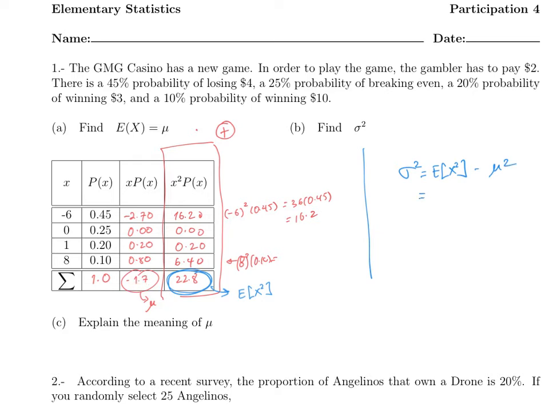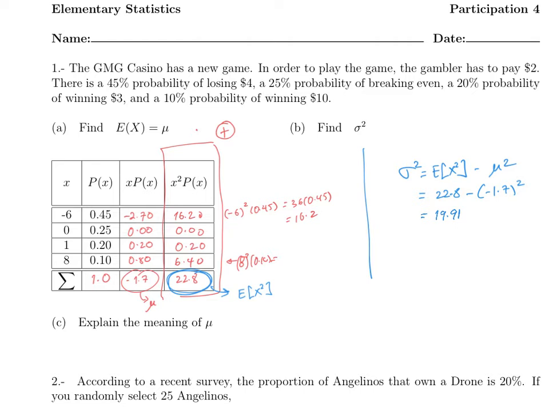So in this case, this will be 22.8 minus 1.7 squared. Remember, you square this. Anytime you square a negative, it becomes positive. So the answer to this, according to what I have, is 19.91. Right? Does everybody agree with that? Any questions on this?